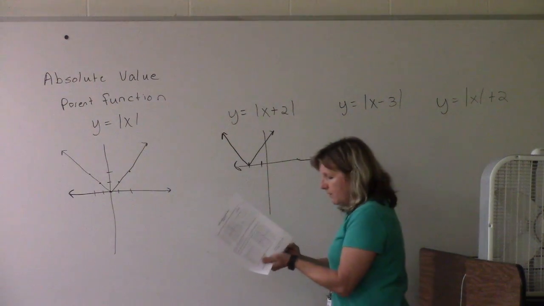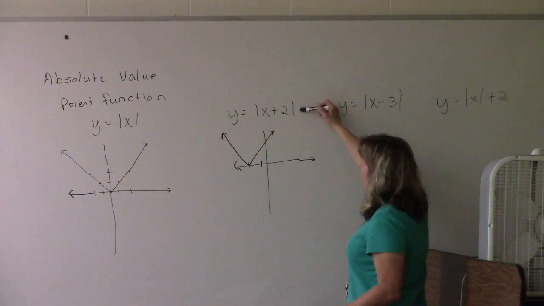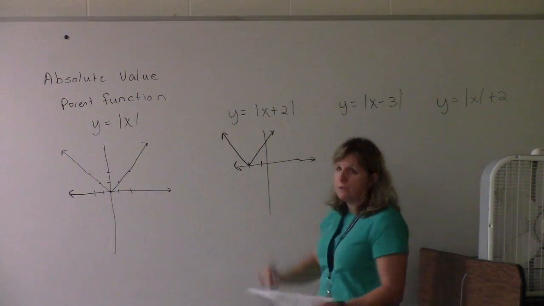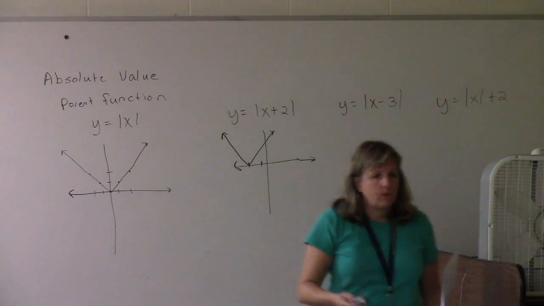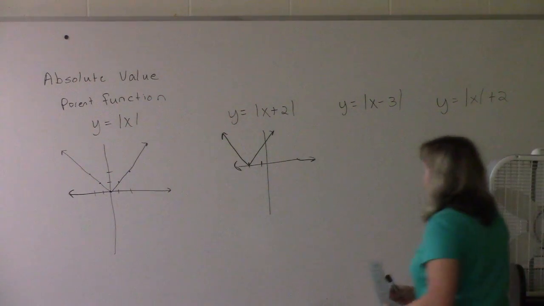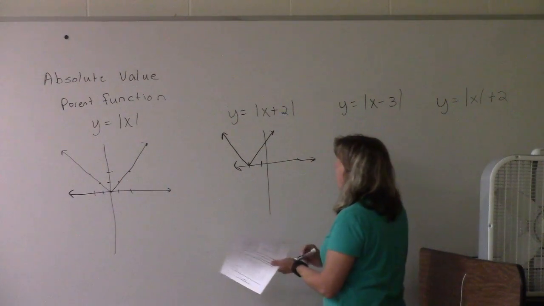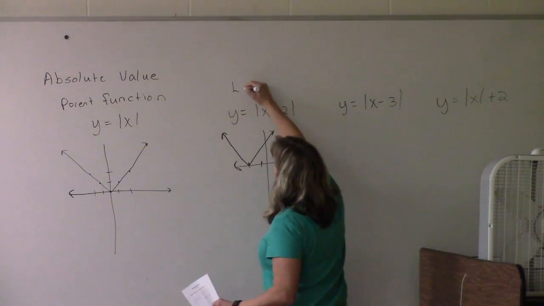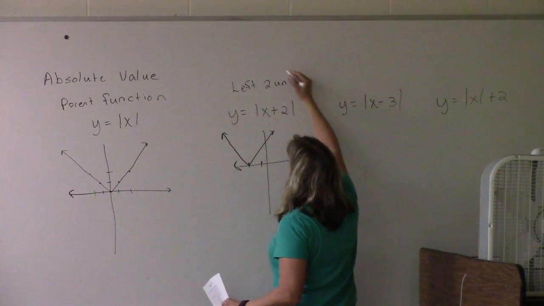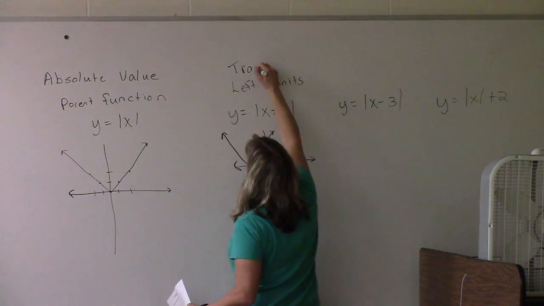All right, now, looking at the equations, how do these two equations differ from number 1? This moved left 2 units, right? Yes. We're going to use that word translated.